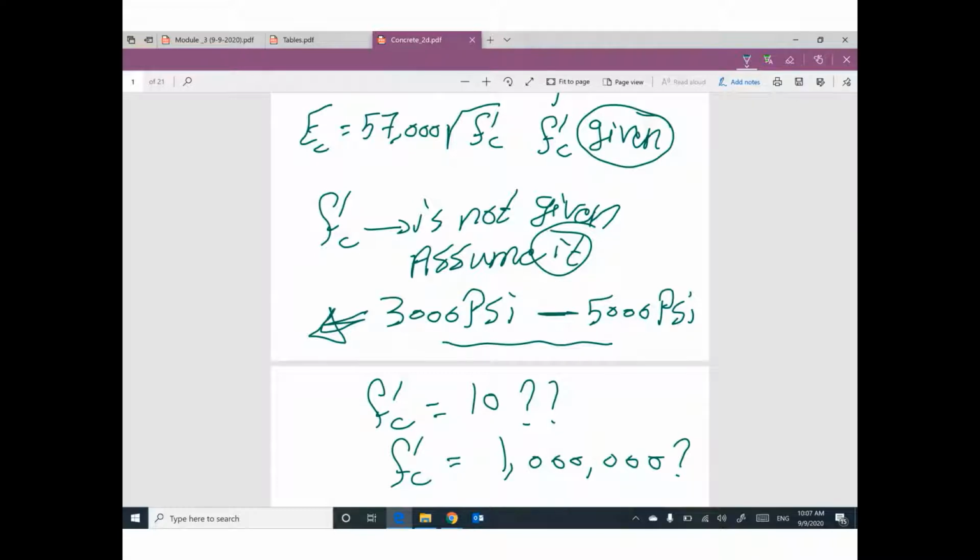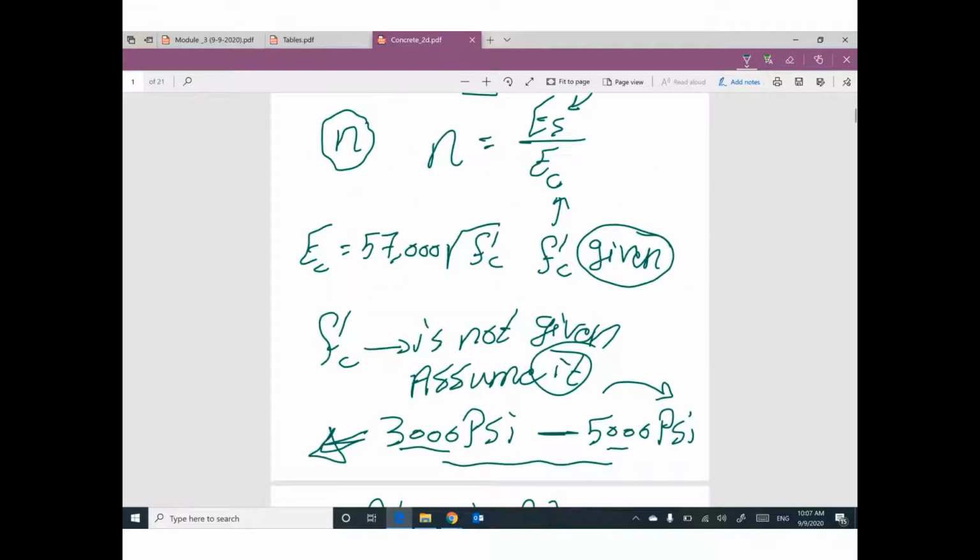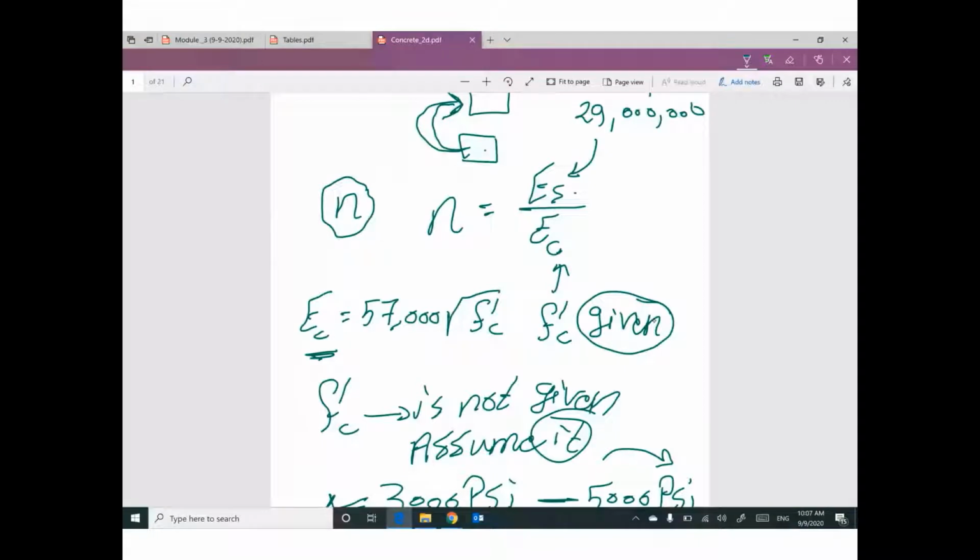If you go over 5,000, 6,000, 7,000, 8,000, 10,000, it's okay, but it's a different concrete called high strength concrete. The typical or common concrete used in design has F prime C between 3,000 and 5,000. So from F prime C, I can figure out E concrete. From E concrete and E steel, I can figure out the modular ratio, N.